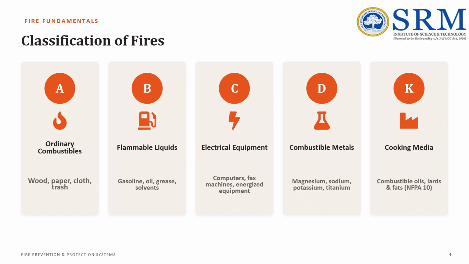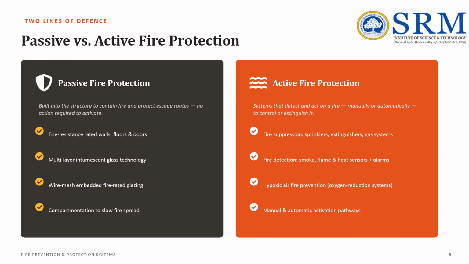These require special dry powder extinguishing agents. Class K fires occur in commercial kitchens involving cooking oils and fats. Wet chemical extinguishers are specifically designed for these fires. Correct identification of the fire class is essential because using the wrong extinguisher can make the fire much worse.